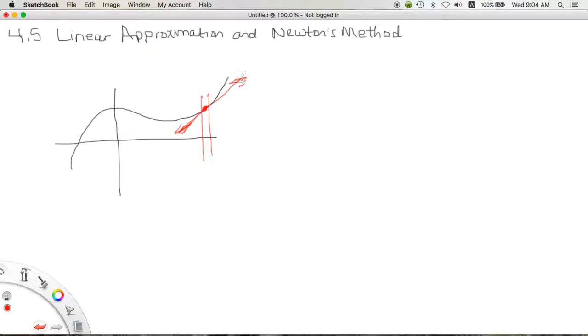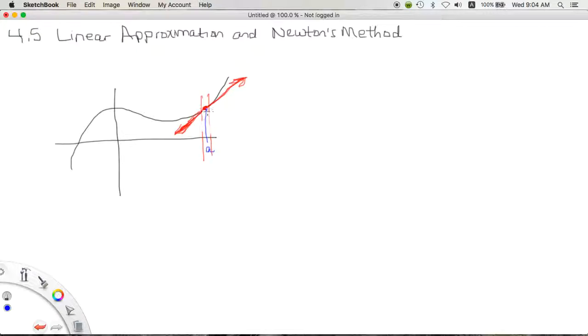So what we are looking at is the equation of this line, which is poorly drawn here, sorry, that will help us find the tangent line. Let's call this point A, the x value.